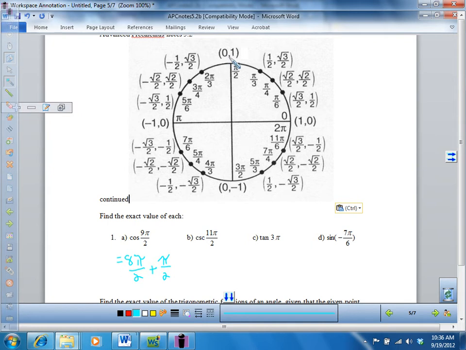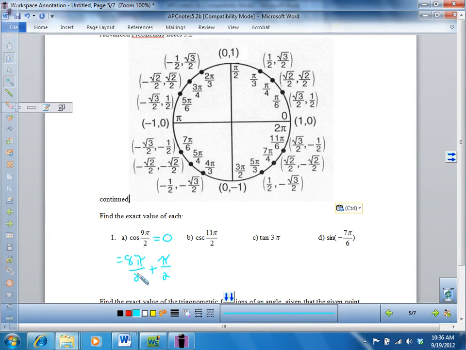See that? So what is the cosine right up here? Zero. Okay? So, you understand? 2 pi is 1 revolution, so 4 pi over 2 is the same as 1 revolution.